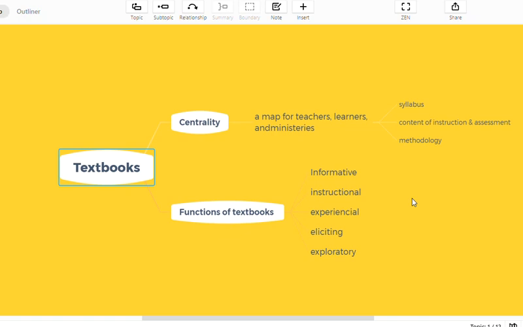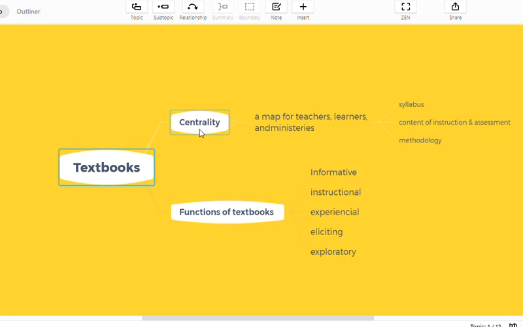They are prescribed by the authorities and policymakers. They are used by language learners. Accordingly, it is better to know the textbooks, the principles and features, the quality of the textbooks. First of all, why are textbooks central, why are textbooks important?